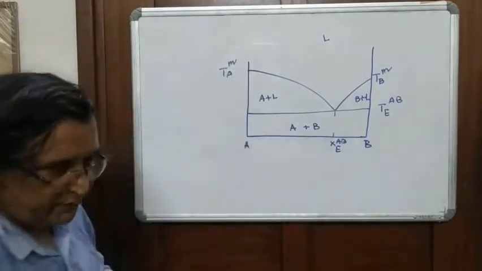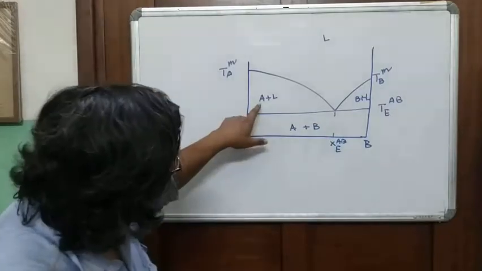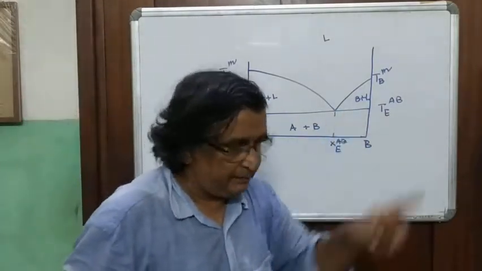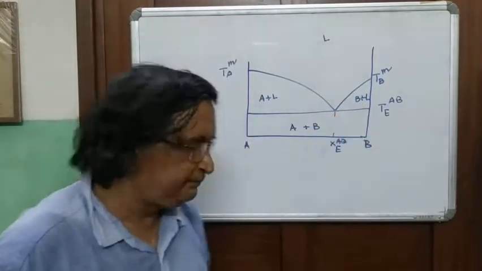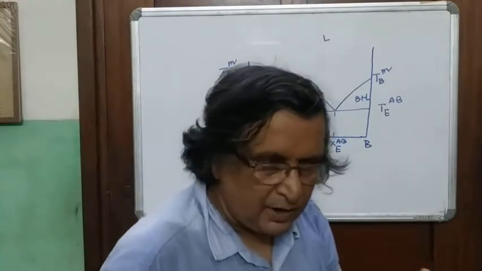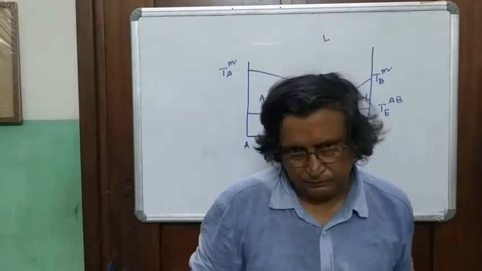Before we start, this is a binary. A is pure solid, remember, pure solid. B is pure solid. A plus B is a mixture of pure A mineral and pure B mineral.